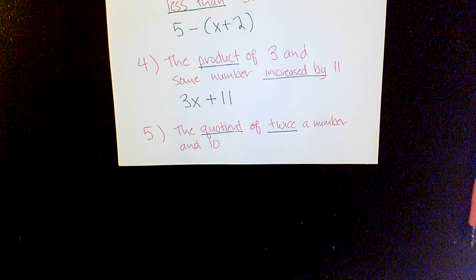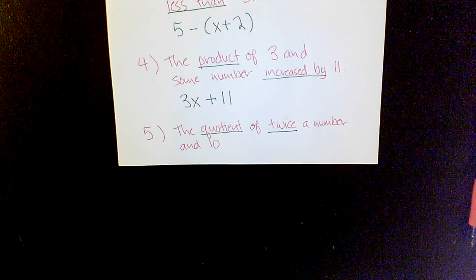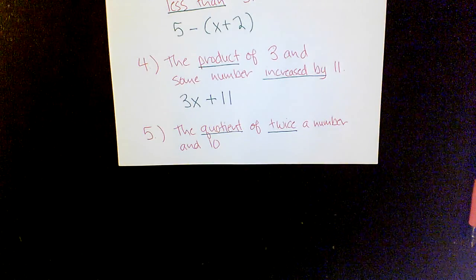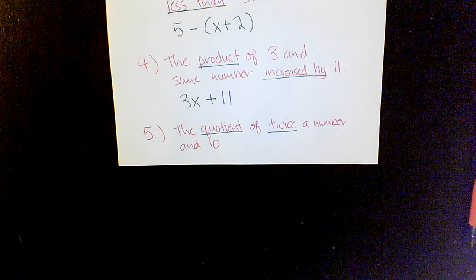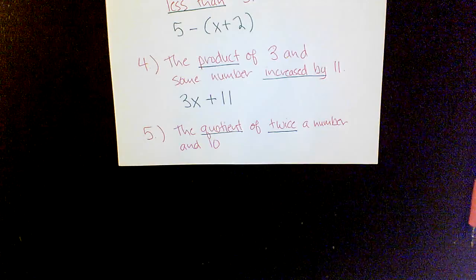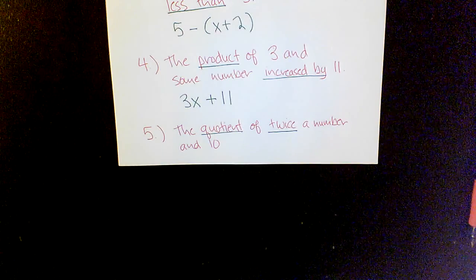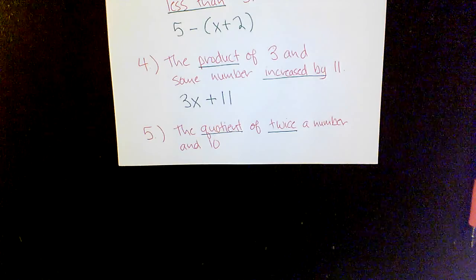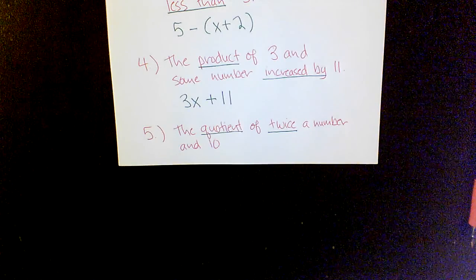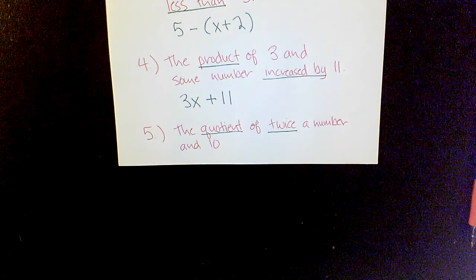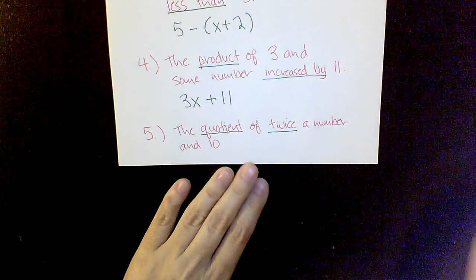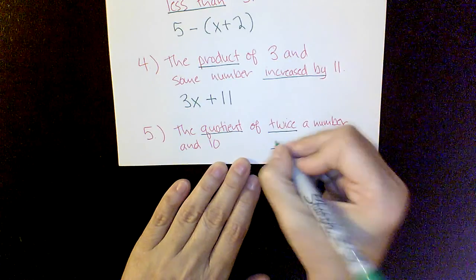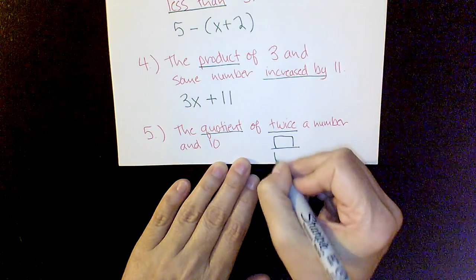So if you look on your chart, what does quotient mean? Quotient means to divide. So on your keypad, you want to hit keypad and then that division, that fraction, click on that fraction and that'll bring up the quotient. So the quotient of twice a number. So let's see. And this is going to come up on the keypad.